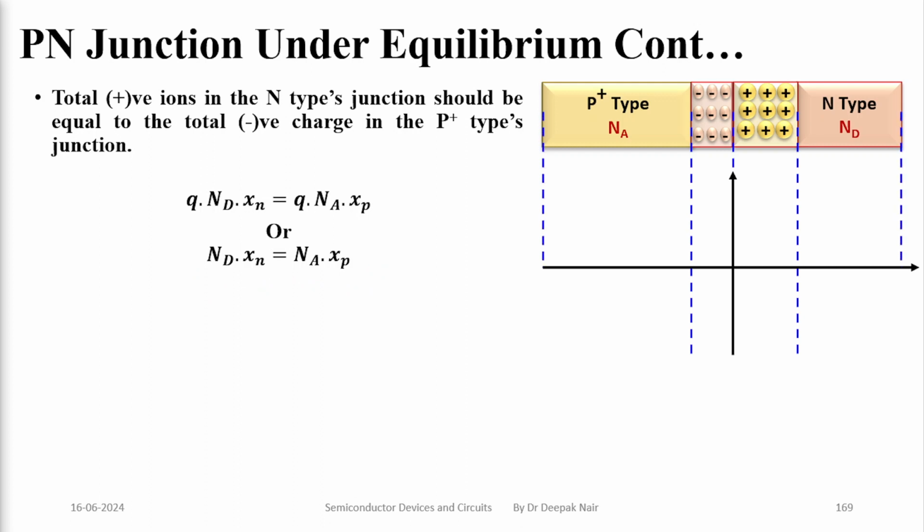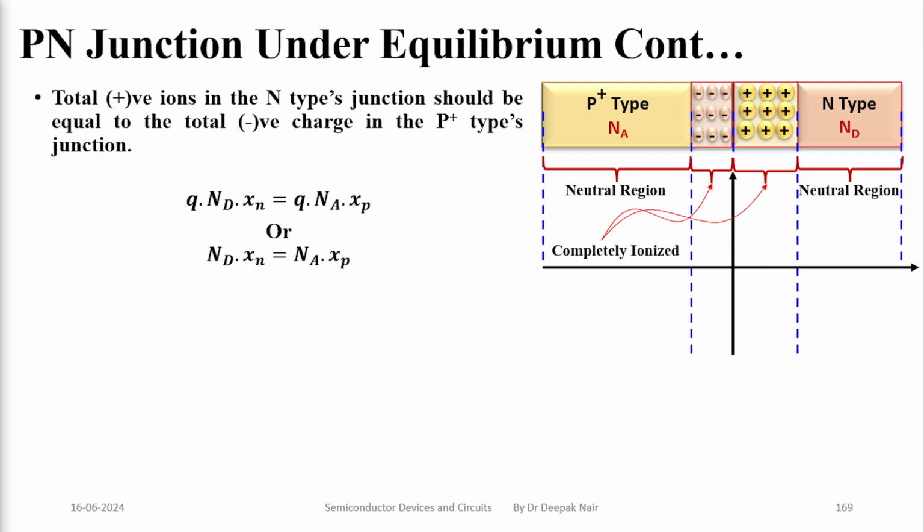From this diagram we can see that the P-type region is neutral in terms of potential. Similarly, this region in the N-type region is also neutral, but we have the junction where we have ionized atoms, which are completely ionized.